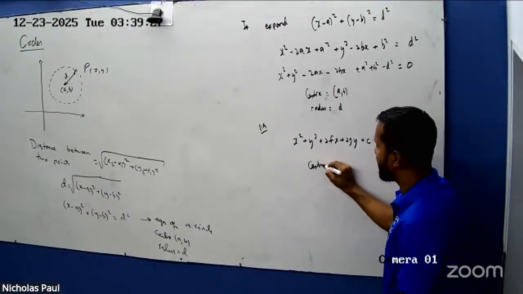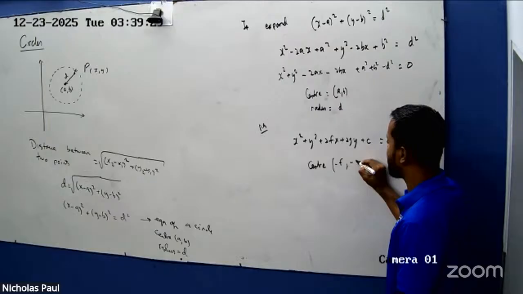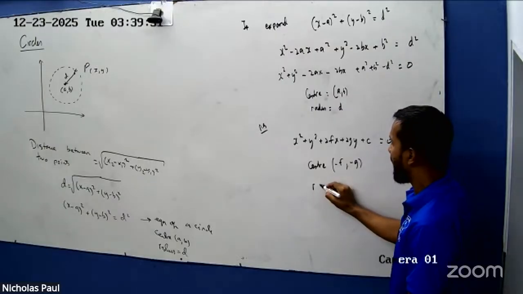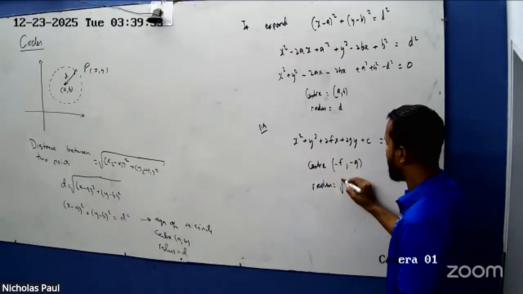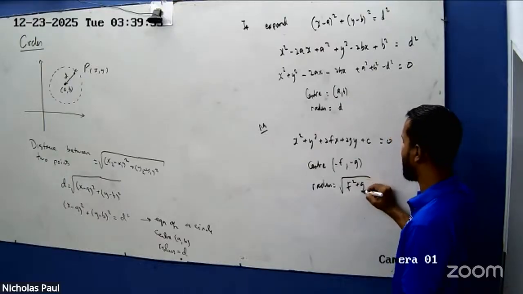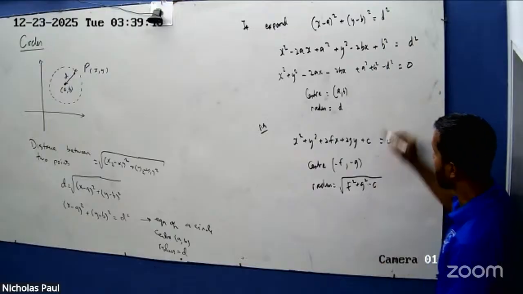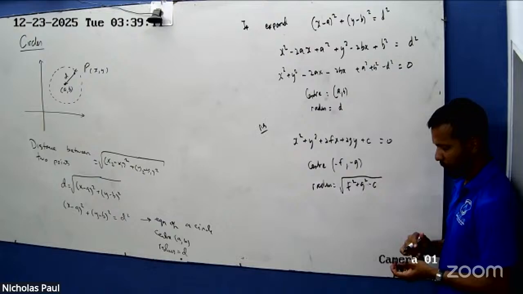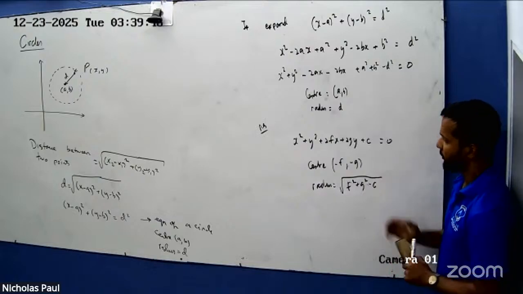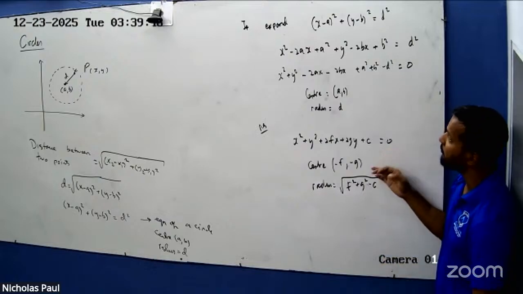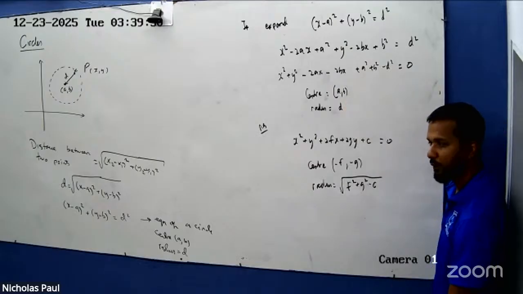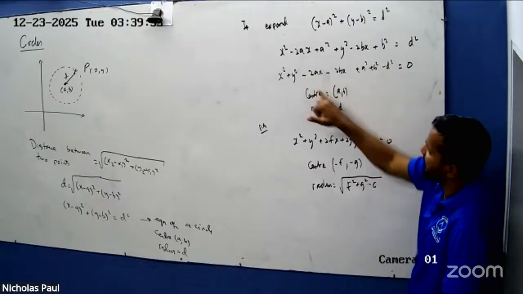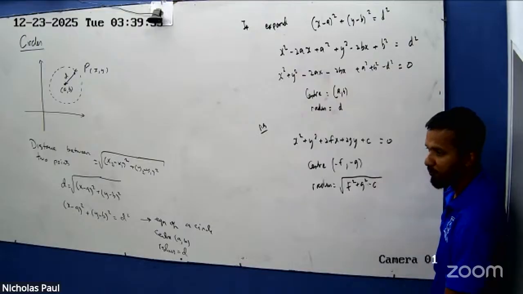And the center was minus F, minus G, and the radius was the square root of F squared plus G squared minus C. Right? If you rearrange this to find for D, you'll get the same formula here. So you have this version and you might remember, otherwise it's the same thing. Same concept. I have a minus sign here, that's why it is positive. All right? That's the equation of a circle.